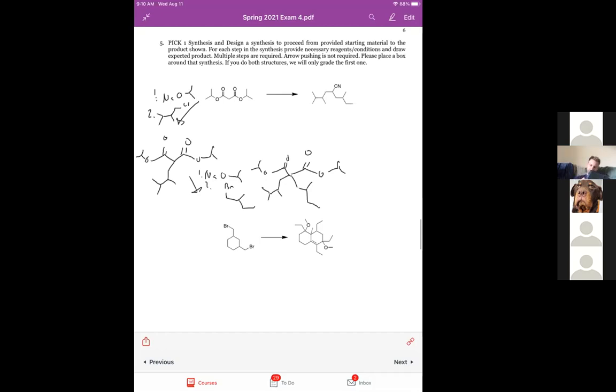If we add an H3O plus, we're going to decarboxylate one of these, turn the other one to a carboxylic acid.